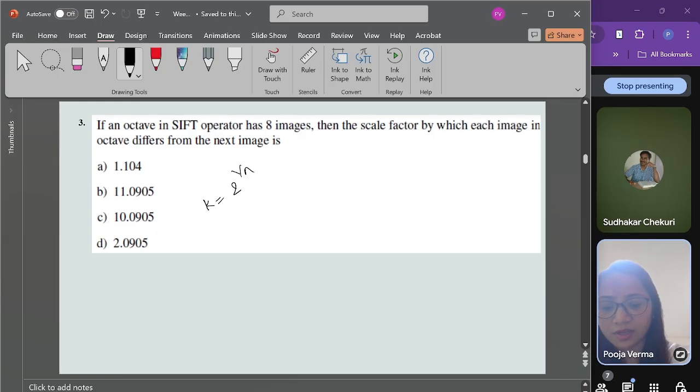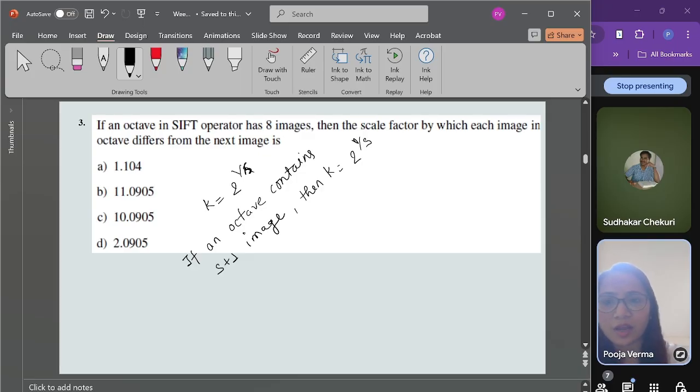So if an octave contains s plus 1 images, we can represent k as 2 to the power 1 by s.